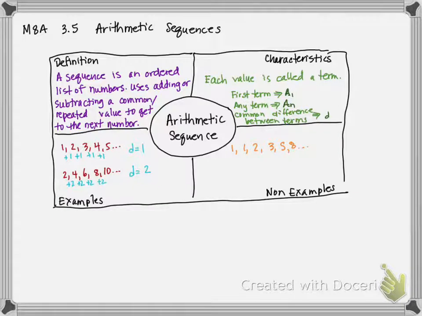So let me prove that out to you. I would add nothing to 1 to get to 1. I would add 1 to 1 to get to 2. I'd add 1 to 2 to get to 3. I'd add 2 to 3 to get to 5. I'd add 3 to 5 to get to 8. So what you're seeing is it's not a common difference. So there is no d, okay?